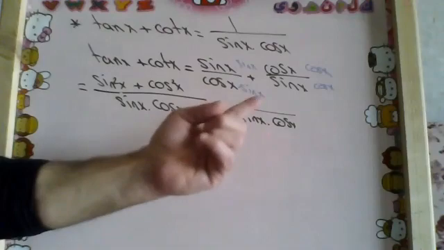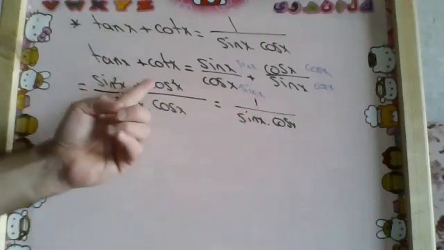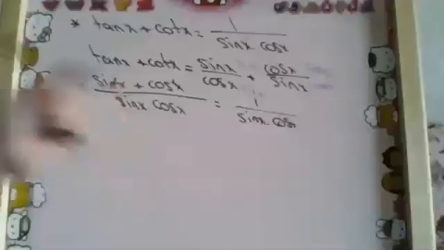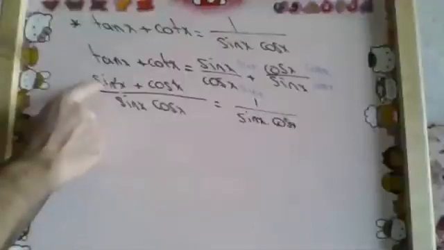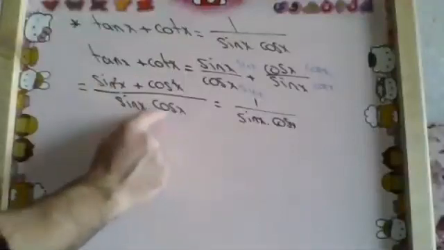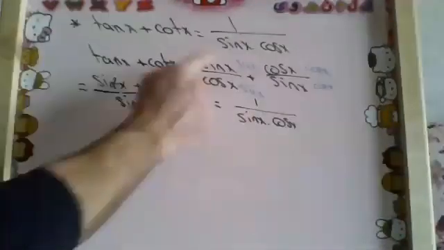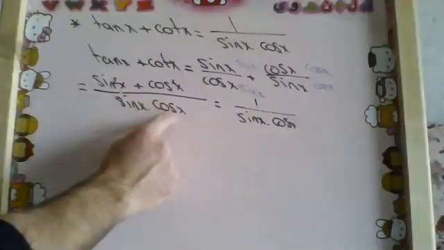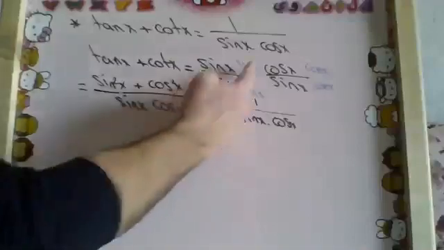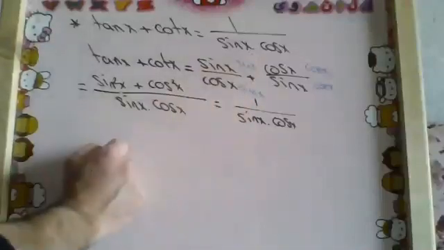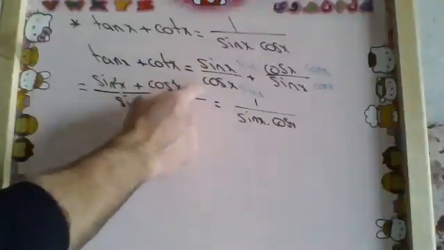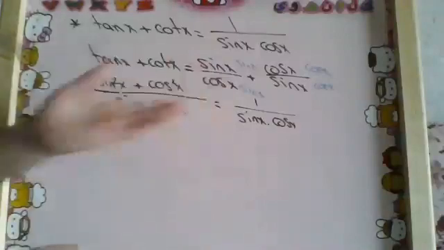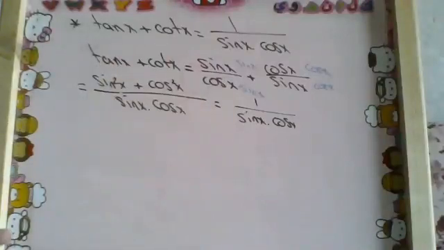I write the 1 as sine squared x plus cosine squared x. Split this fraction, I have addition. So I can write sine squared x over sin x cosine x plus cosine squared x over this product. Now simplify sin x by sin x. You get sin x over cosine x, which is tangent. But who would think of working like this? Nobody.